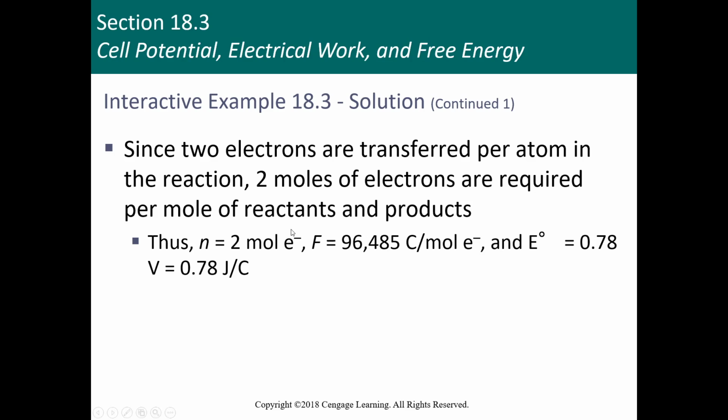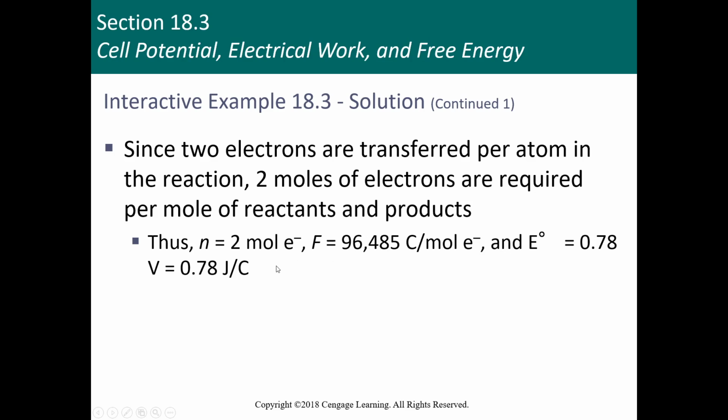The F, Faraday, is going to be 96,485 coulombs per mole of electrons. And if you remember what an F is, moles of electrons, that will give you a big hint on what you use for this n, which is moles of electrons, right? All right, this E naught is that value we just calculated, 0.78.